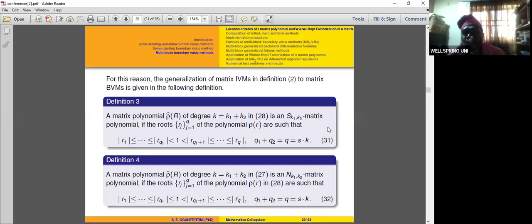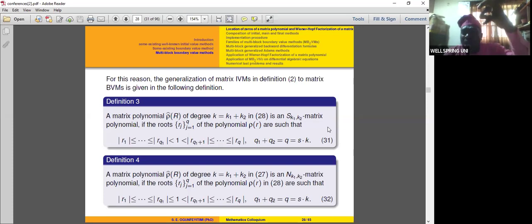For this reason, we now want to generalize the matrix initial value method. The ones we mentioned before in definitions 1 and 2 are for matrix initial value methods. How are we now going to relate them to the matrix boundary value method? Definition 3. In the boundary value method, we talk about AK1, K2, 0K1, K2.